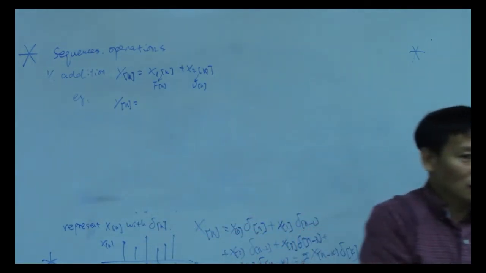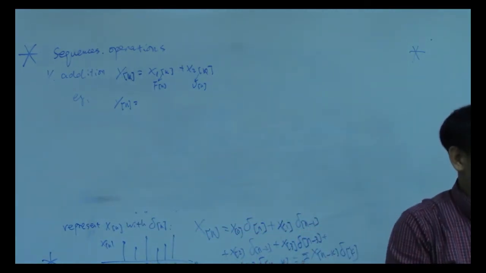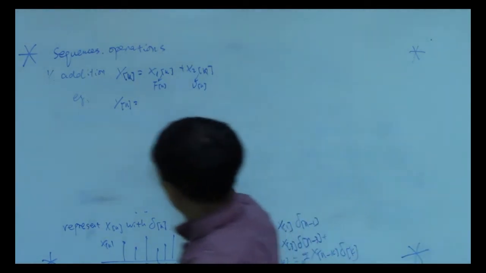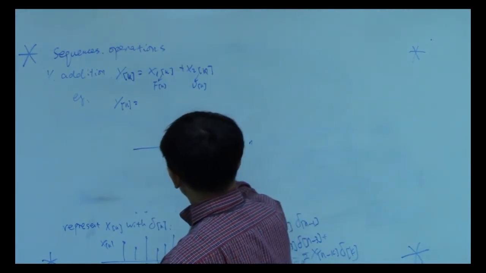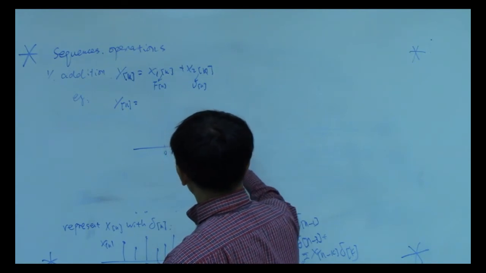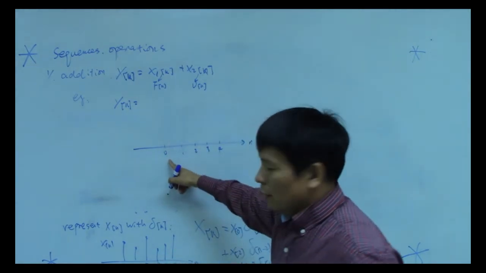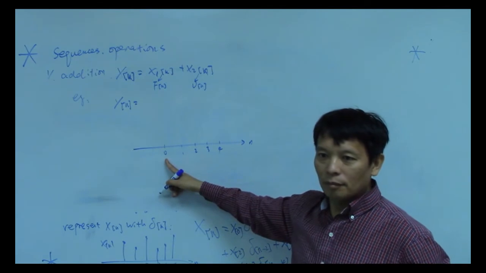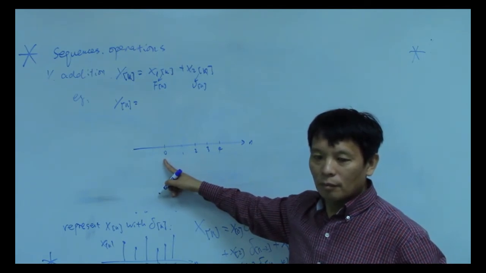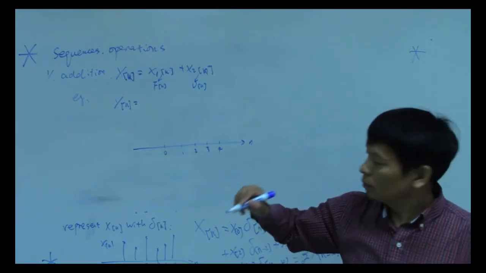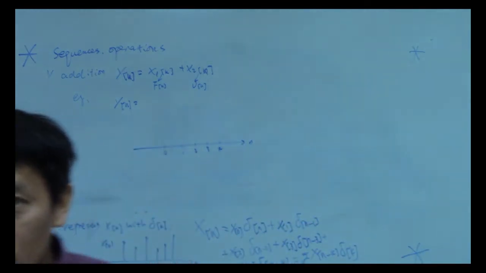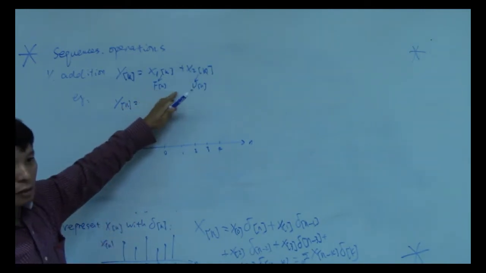I can write all the numbers, or I can plot this. For example, if I plot n equals 0, 1, 2, 3, 4, what is the first value here? This sequence plus this sequence.